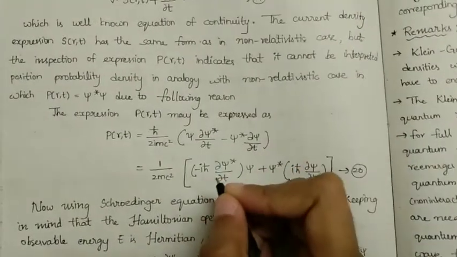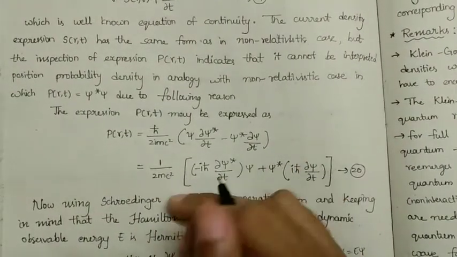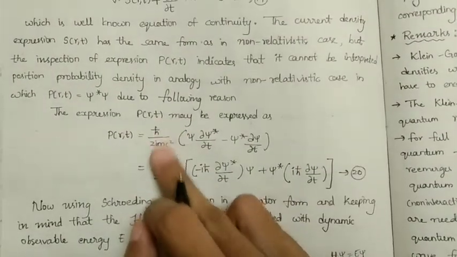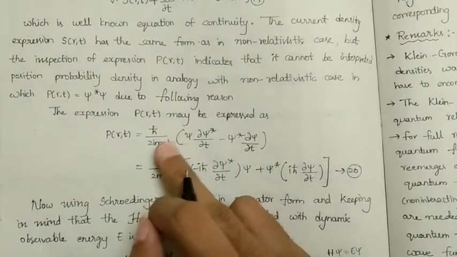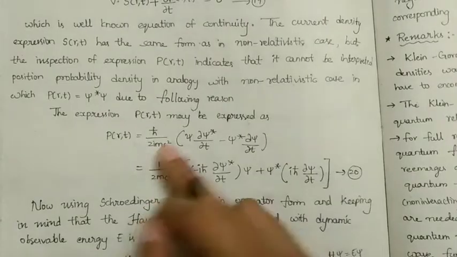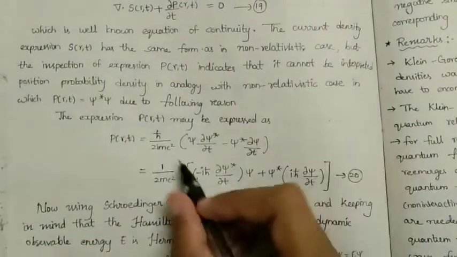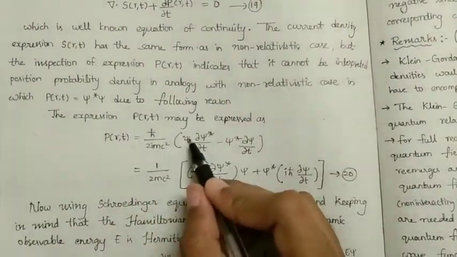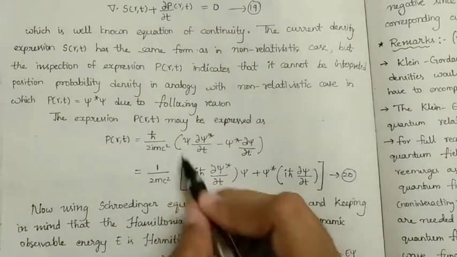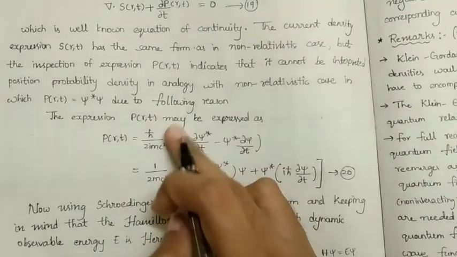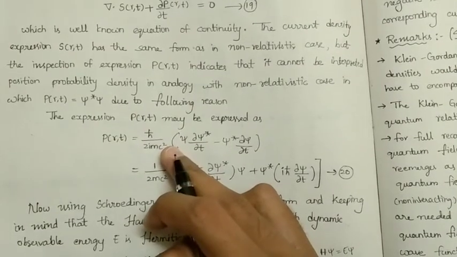So here what we need to do is multiply and divide with i. I by i squared is nothing but minus 1, so multiplying with this minus i inside, if we keep this 1 by 2mc squared aside, into i by i squared, which is minus 1.